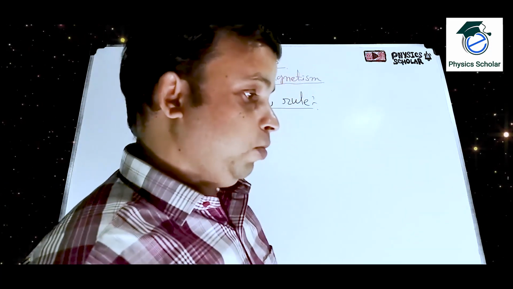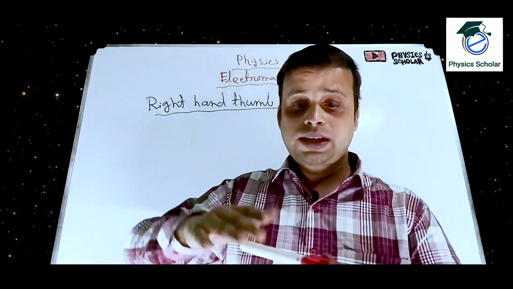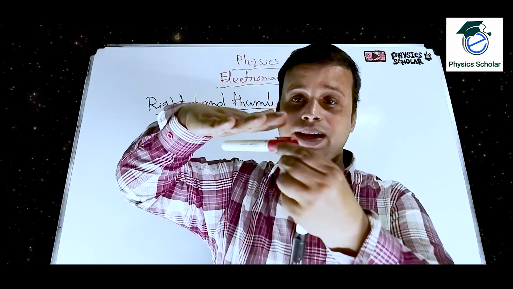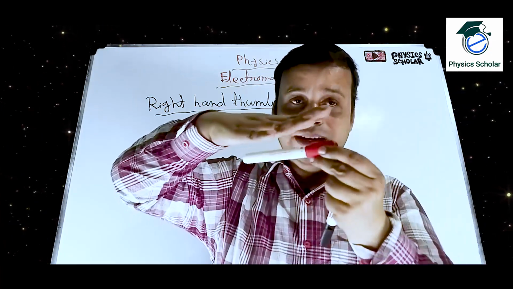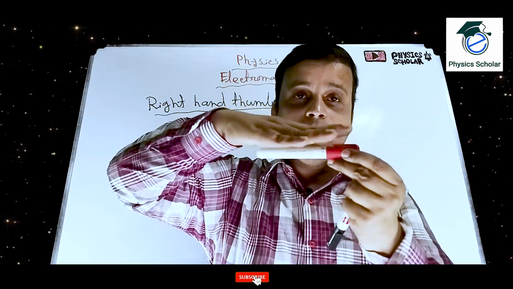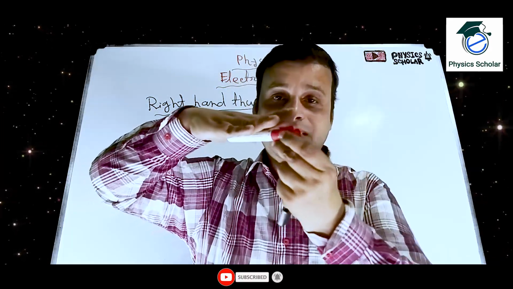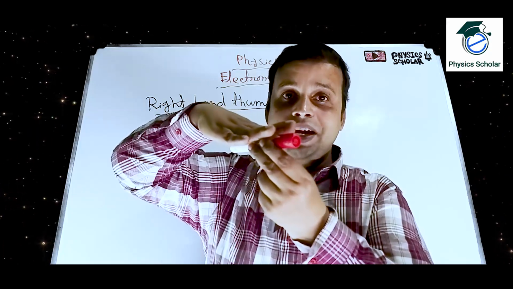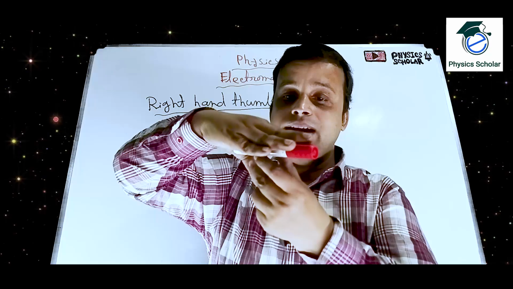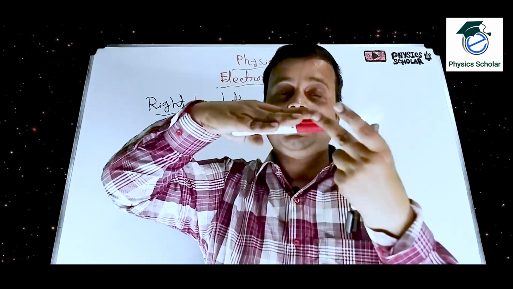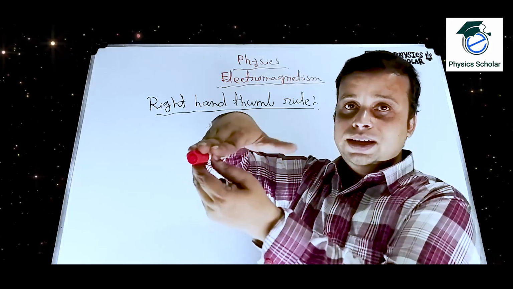So what is the right hand thumb rule? This is my right hand. Suppose this is a current carrying conductor, and the current is flowing from my wrist towards my finger. If the four fingers of the right hand are stretched straight, then this will be the thumb.